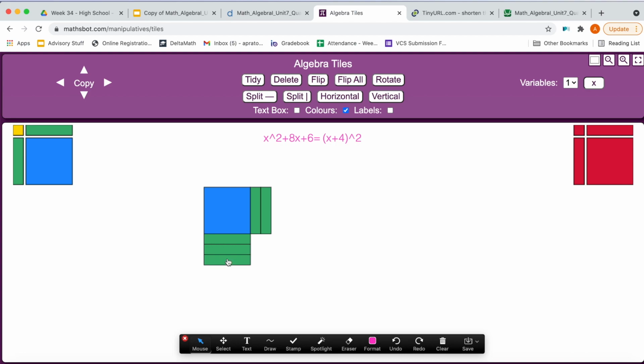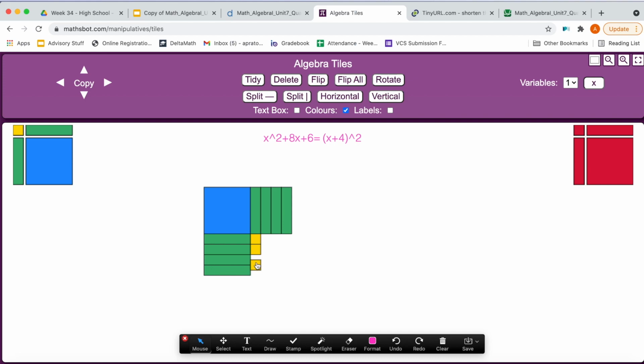And so here we have our x tiles. On the right hand side you see the negatives. And then I'm going to show you plus 6. 1, 2.